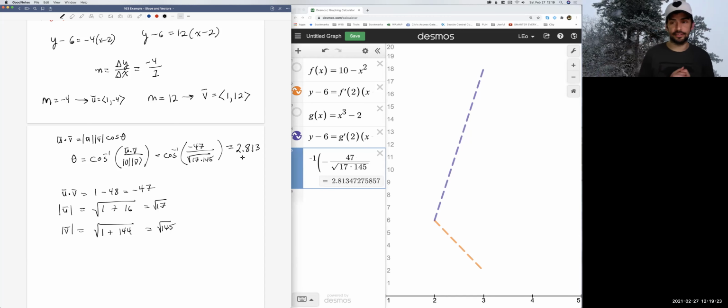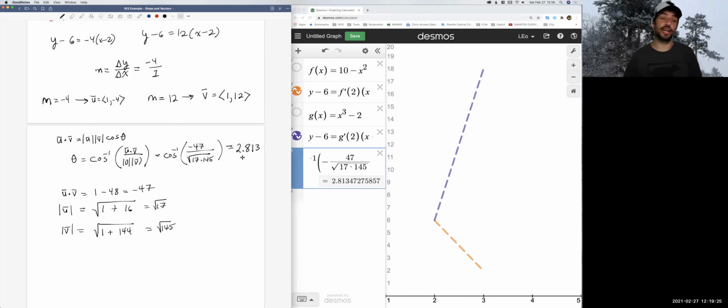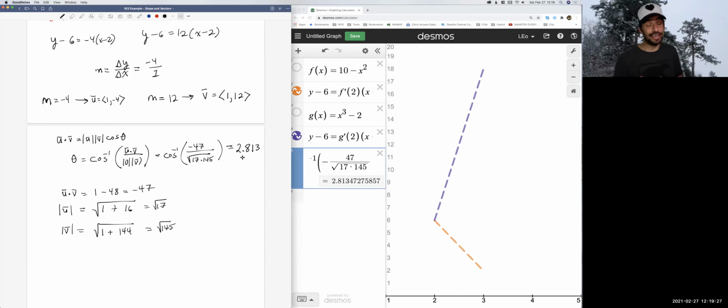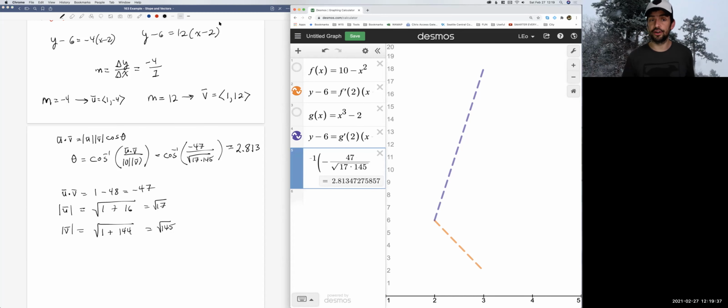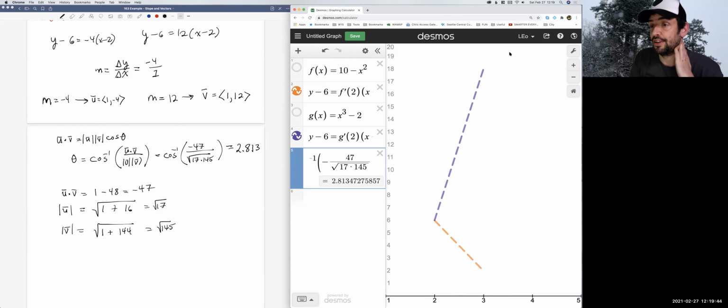The important thing here is this connection between slope and vectors. It helps us understand better what slope is. It helps us understand better what vectors are too, I think. And so we want to have this real geometric picture of vectors, these objects, right? I presented over here on the graph these as portions of the tangent line, but we can really just think about these as vectors.